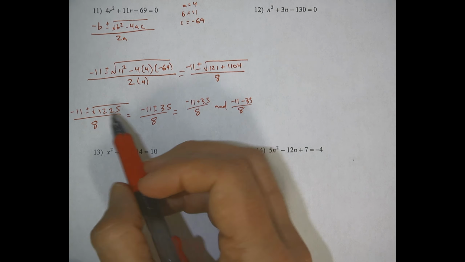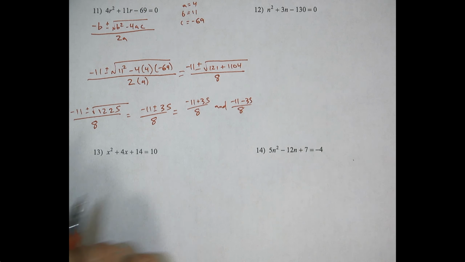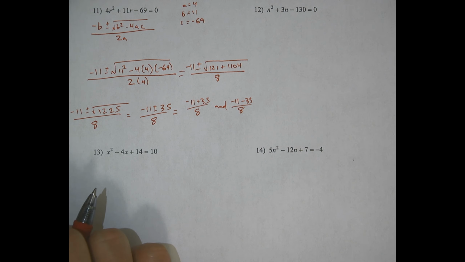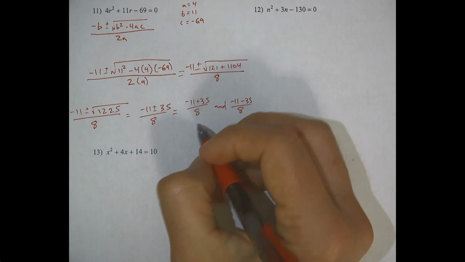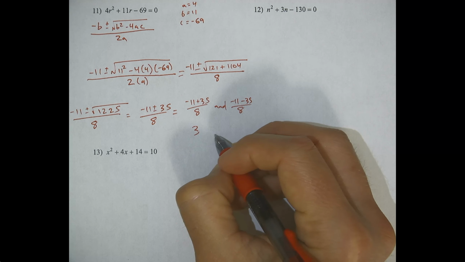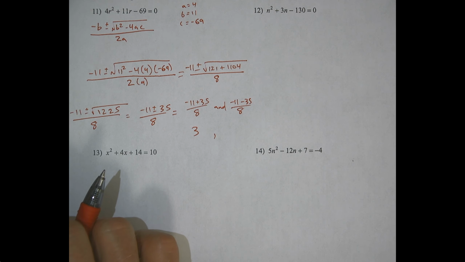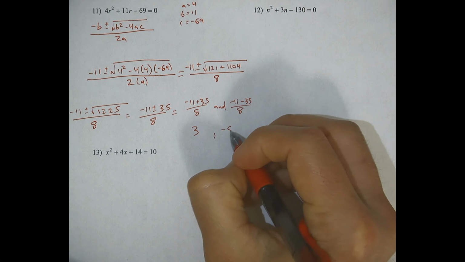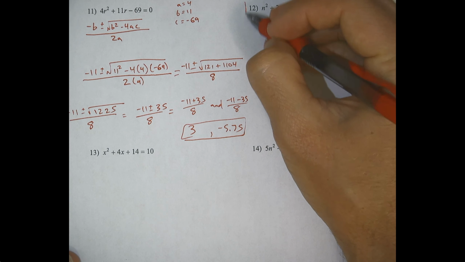Now notice I had a positive discriminant, which means I will get two answers, and they come from here. So negative 11 plus 35 divided by 8 gets me 3. And negative 11 minus 35 divided by 8 gets me negative 5.75. So there's my two answers.